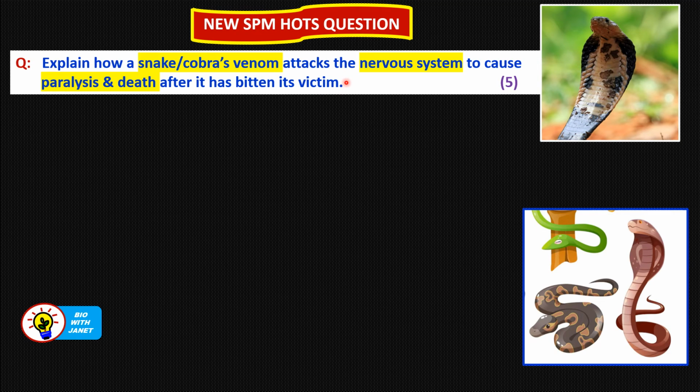So pause the video and try and think of an answer, and you can read up the textbook. In this subtopic there is a comment about the snake's poison. So try and think of the answer and explain in detail. So let's look at the answer.